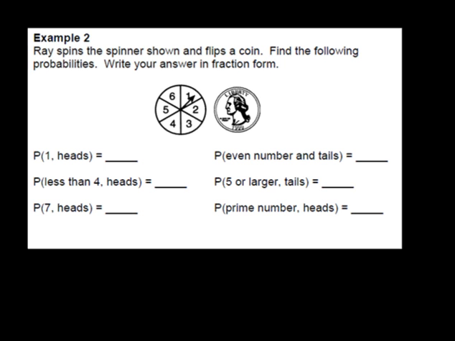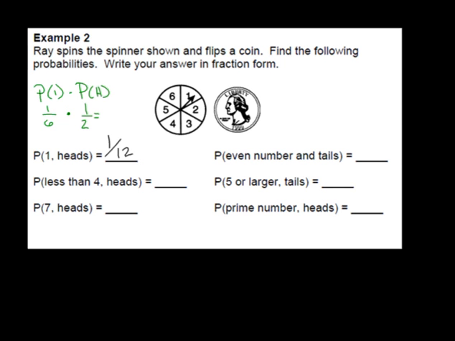There are 6 sections here, so the probability of getting a 1 is 1 out of 6, times the probability of landing on heads, which is 1 out of 2. Now we just multiply our fractions straight across. So 1 times 1 is 1, 6 times 2 is 12. We're going to do that for each one of these examples.